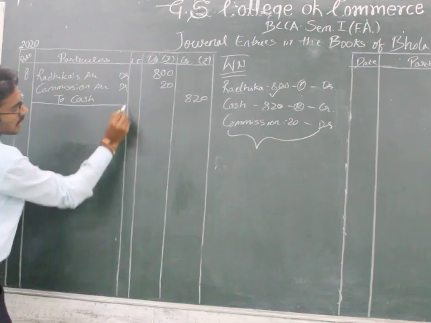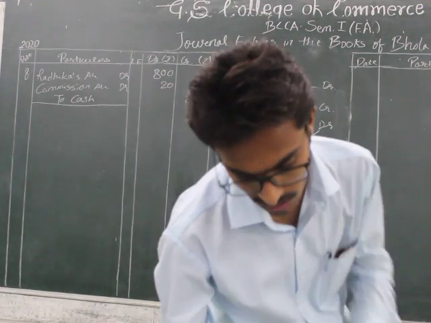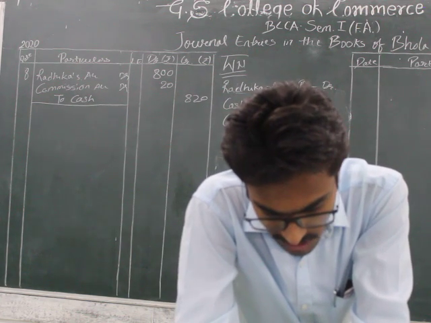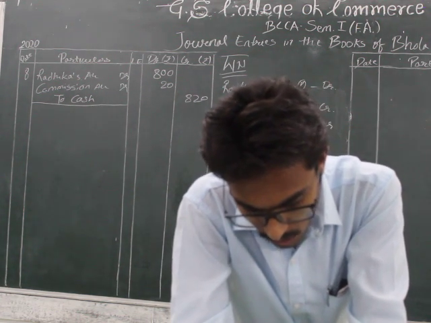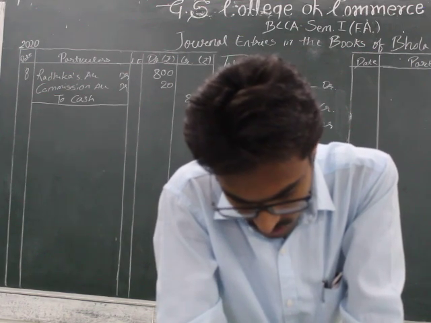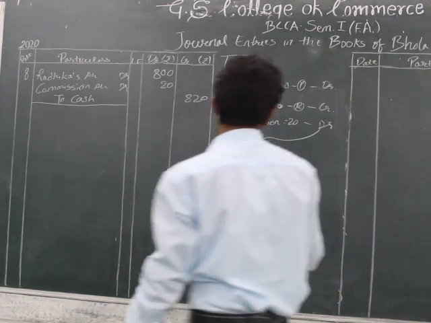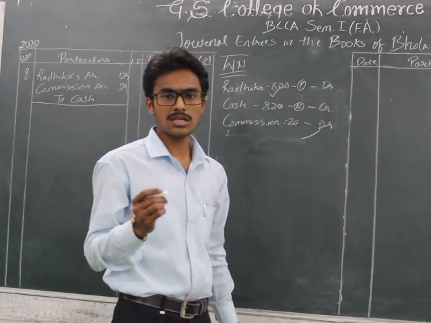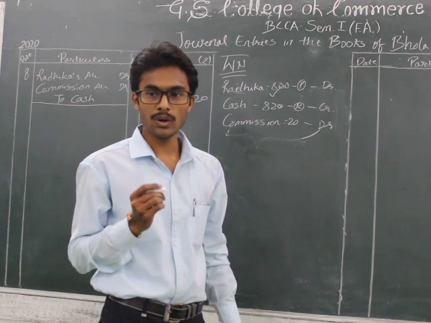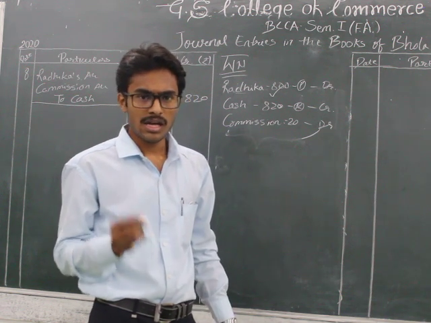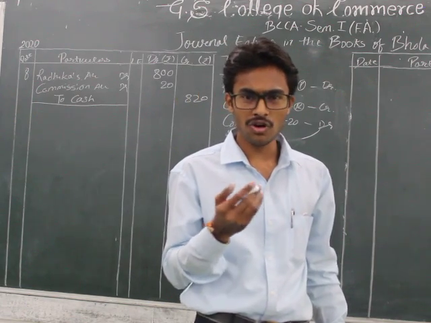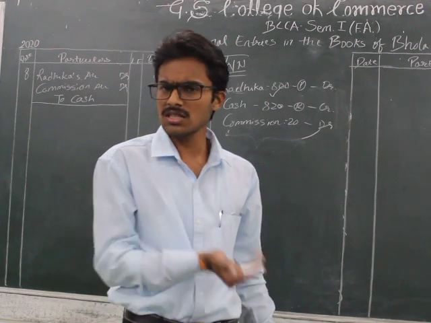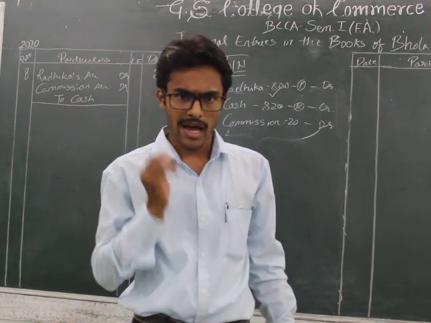We are closing this one and shifting our focus to the other entry. The other entry is the 9th one. Purchased security worth rupees 2000 and paid brokerage of 60 rupees. Again, security means this is our investment. Investment means, is this an expense or loss or income or gain? No. That means this is not a nominal account. This is not a person, that's why this is not a personal account.